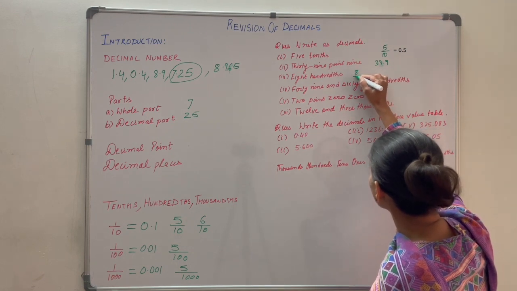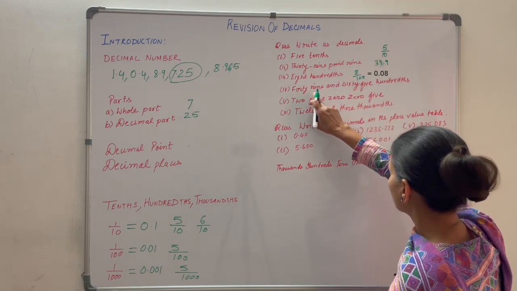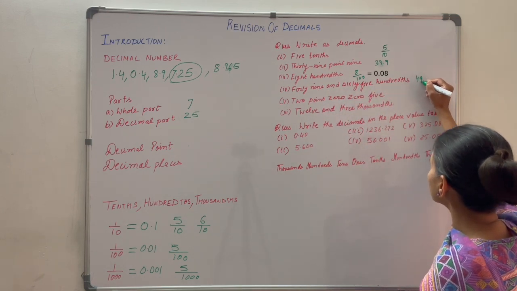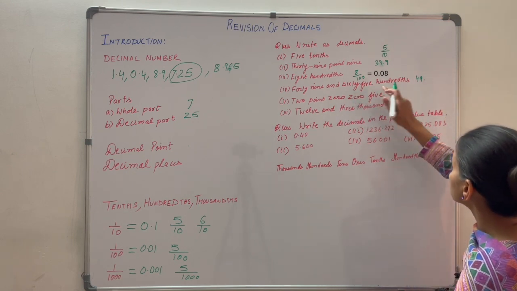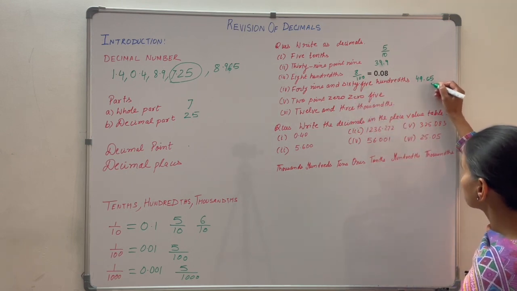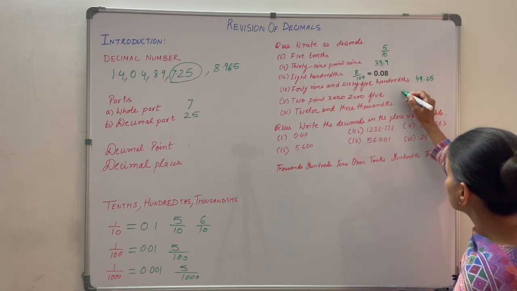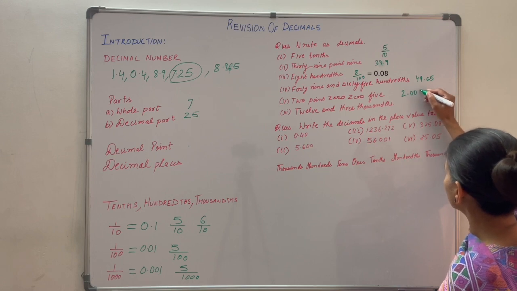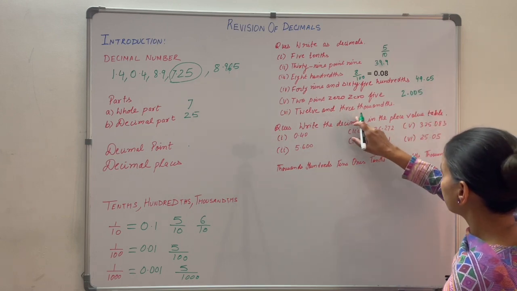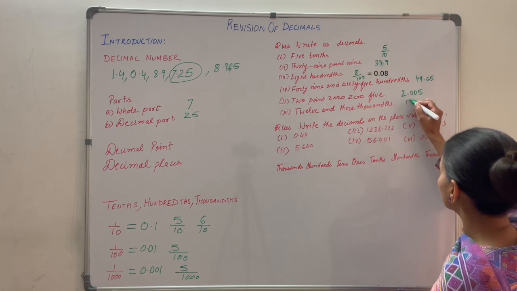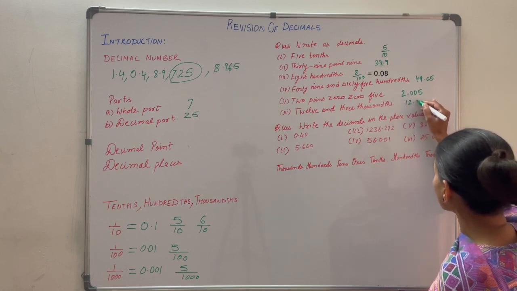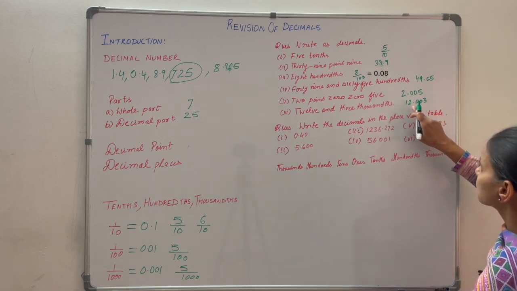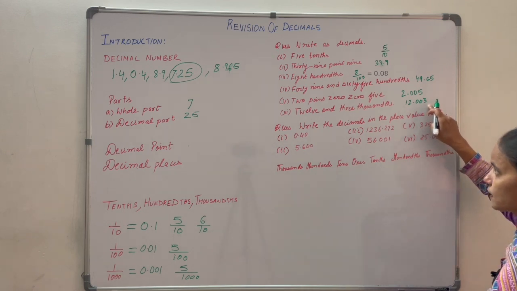So this is 8 upon 100. 49 and 65 hundredths, so 49.65. 2.005. So 2.005. 12 and 3 thousandths. That means this is 3 upon 1000. So this is 12 and 3 thousandths.